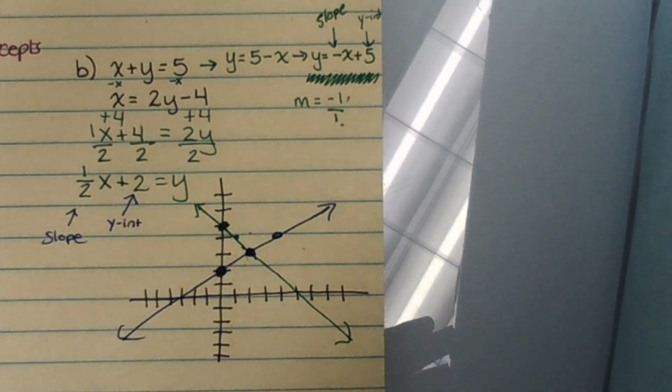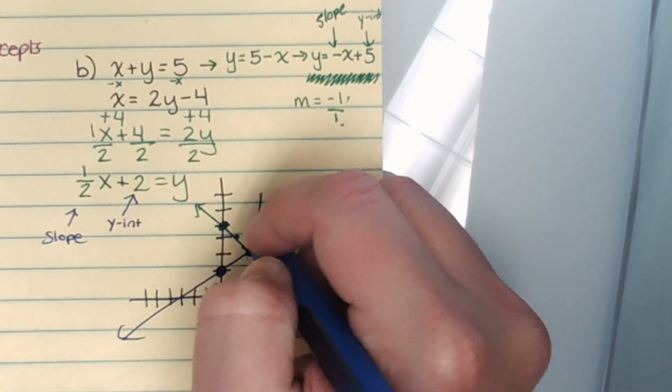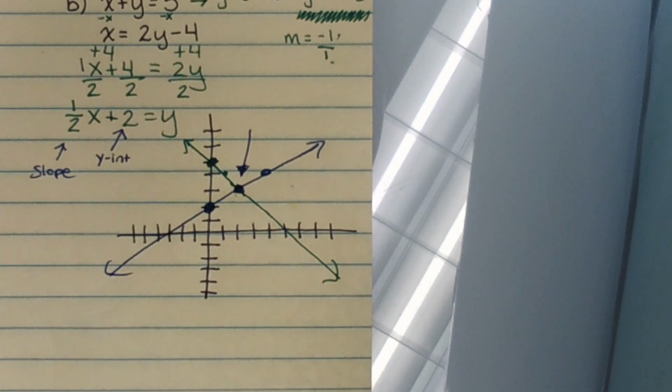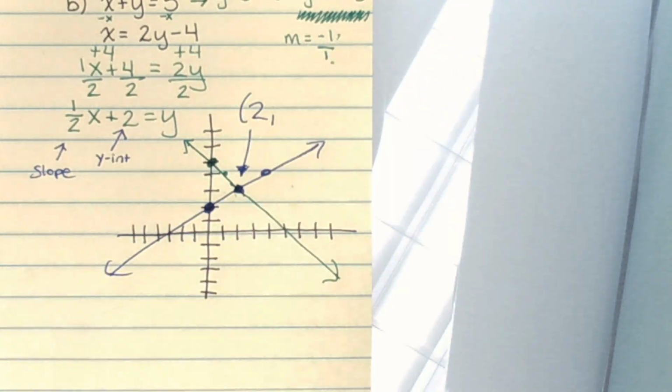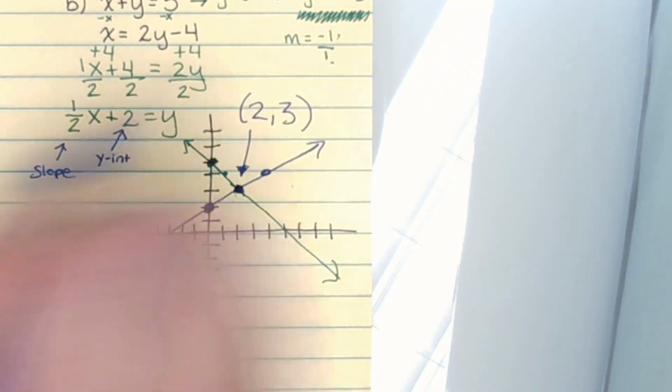My solution is where they intersect. They intersect right there. Coordinate points. Left and right first, up and down second. I went to the right 2 to get to that coordinate point, and I went up 3. Is right positive or negative? Positive 2. Is up positive or negative? Positive 3.